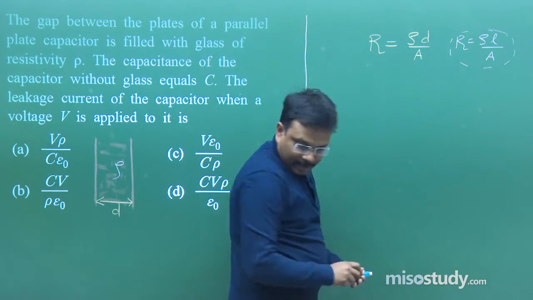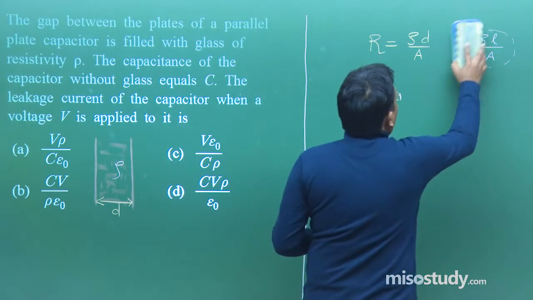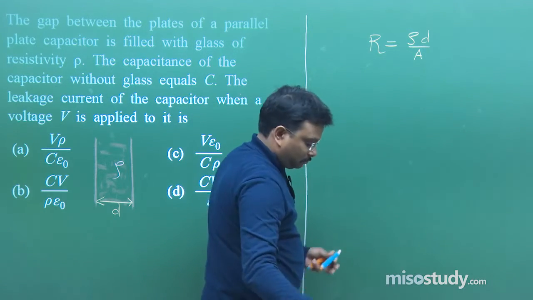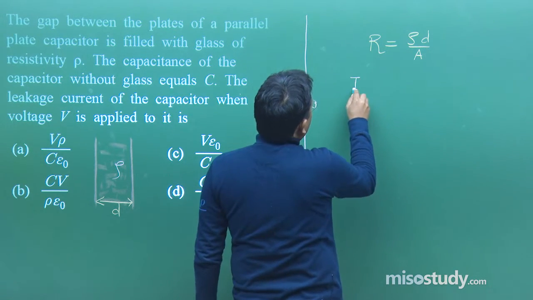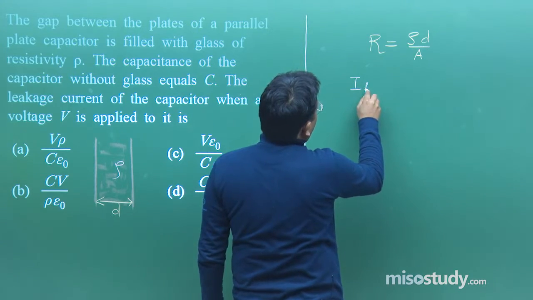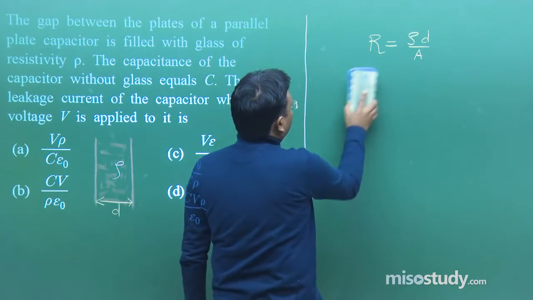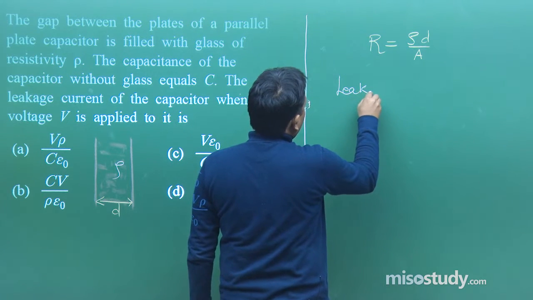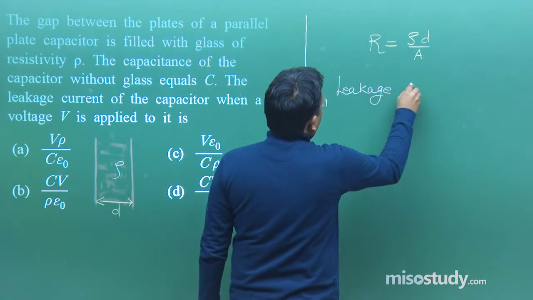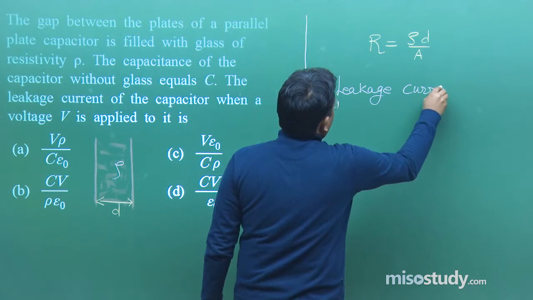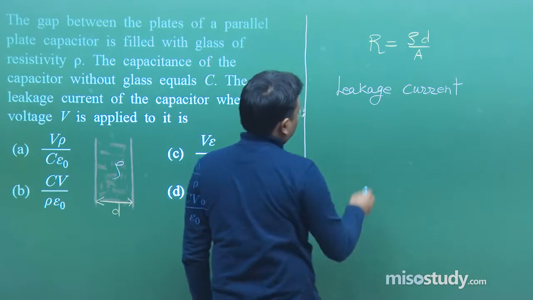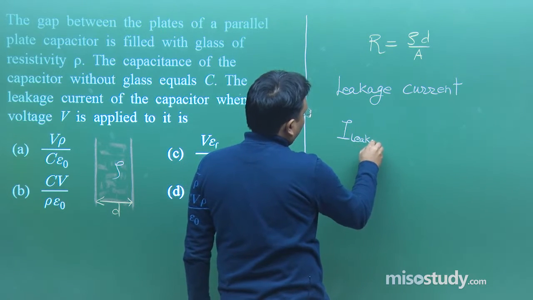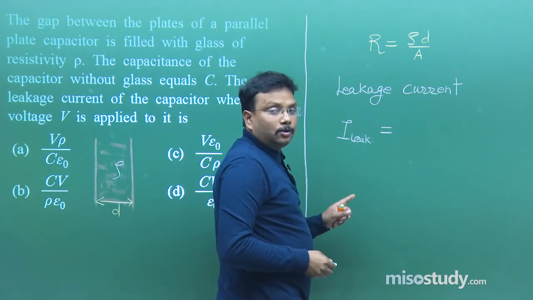So, from here I can say, I hope now the terms are clear. I leakage, I think I should write it down complete. It means leakage current I leakage is equal to V is equal to IR.